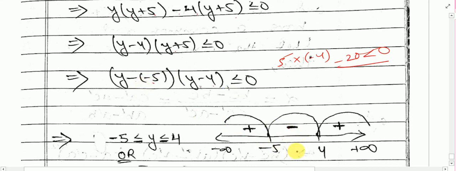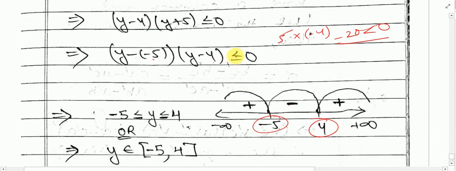So the minimum value for y is minus 5 and the maximum value for y is 4, because the equal to sign is involved over here. So in the next step we can write y is between minus 5 and 4.